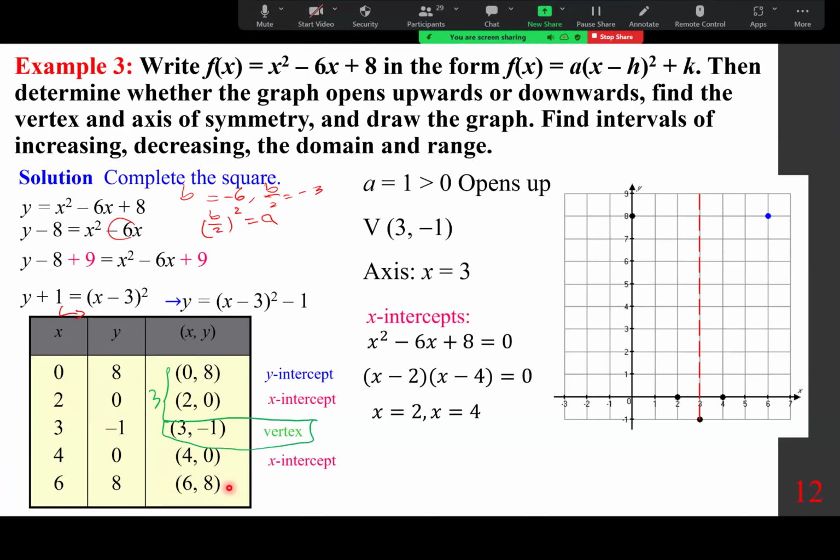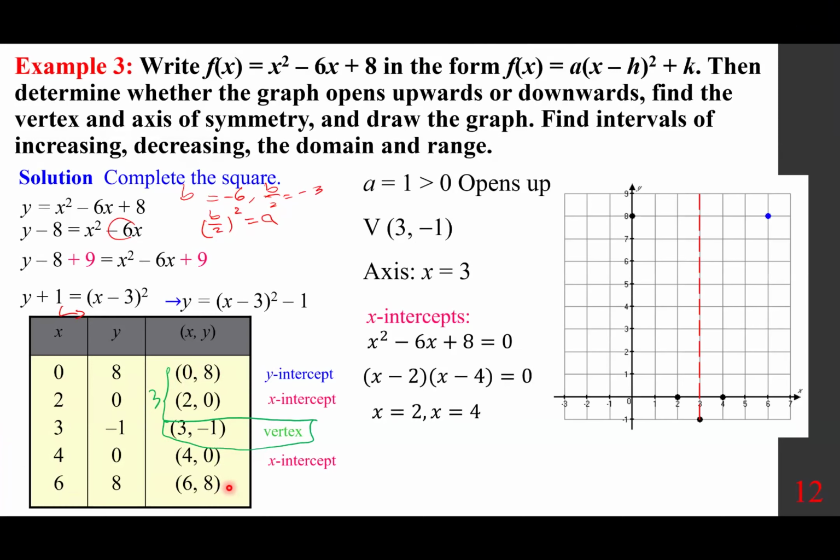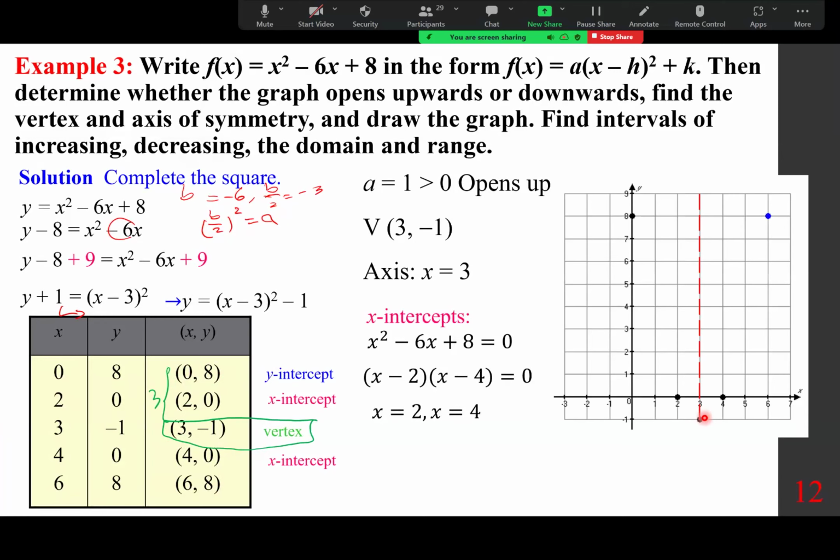So if you were to graph this by putting these points, here's the vertex, 3 comma negative 1. Here are the two x-intercepts, 2, 0 and 4, 0. Here's the y-intercept at 0, 8. And again, look, this distance is 3. Go 3 here and you get the same y coordinate, and that's the graph.